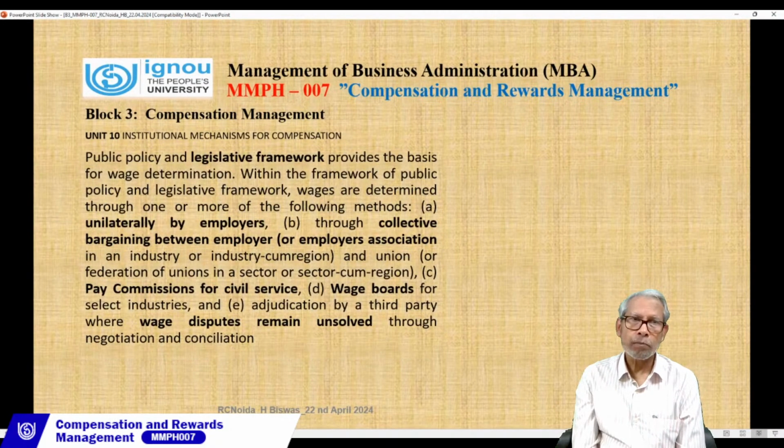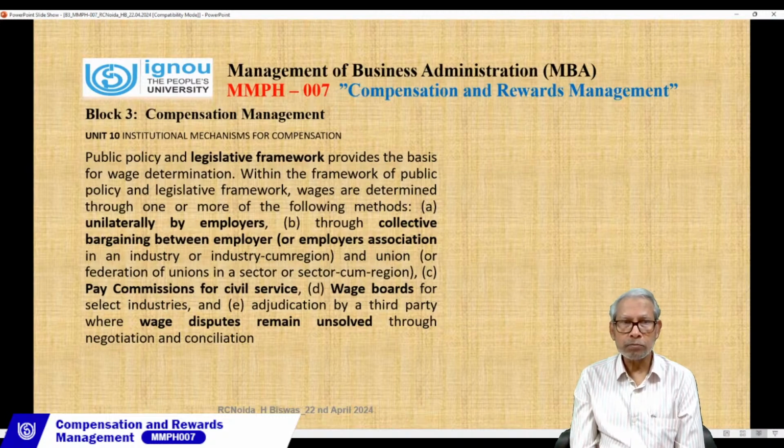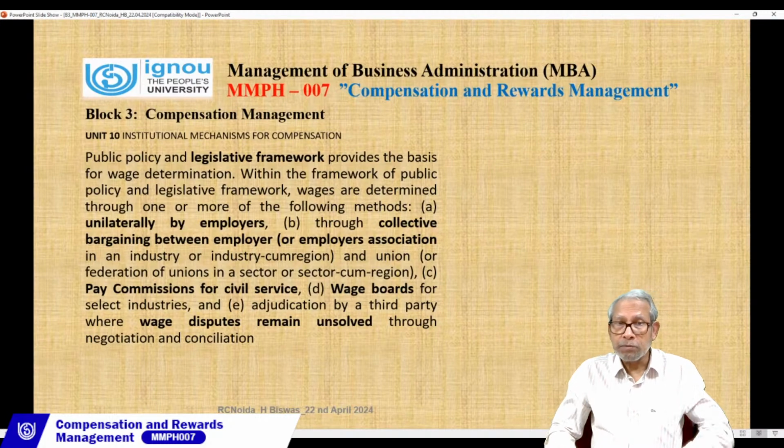Then public policy and legislative frameworks. There you see some decisions made unilaterally by the employers, and collective bargaining between the employer and employee associations. This data also you have to collect. Pay commissions for the civil services and wage boards for select industries.